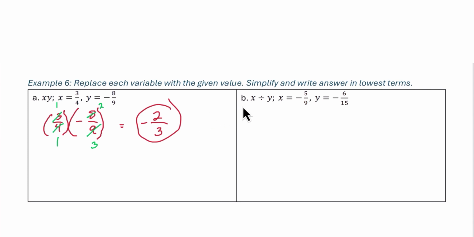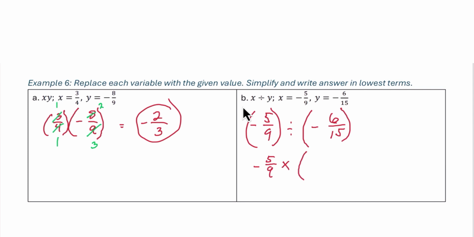In part B, we have x, which is negative 5/9, divided by y, which is negative 6/15. Let's go through and convert this to multiplication. We keep the first as it is, change the sign, and then we flip the second fraction.